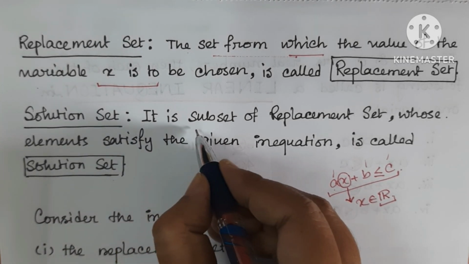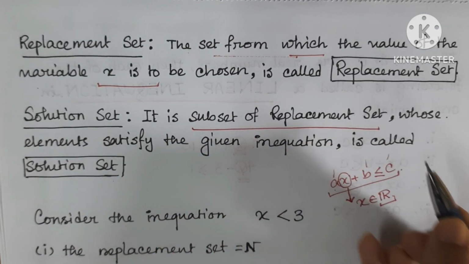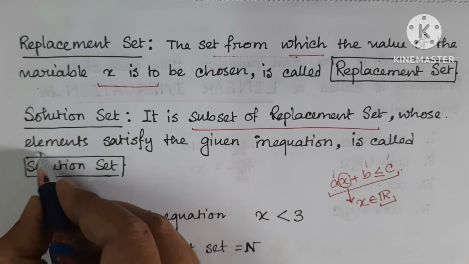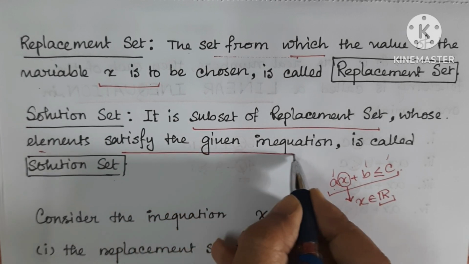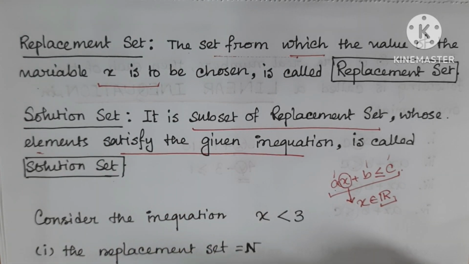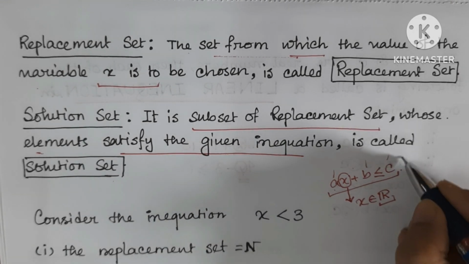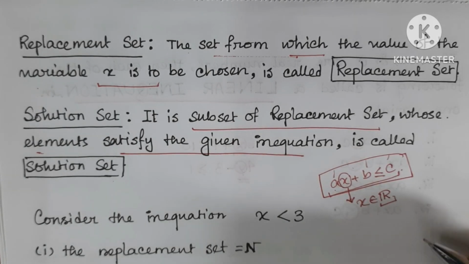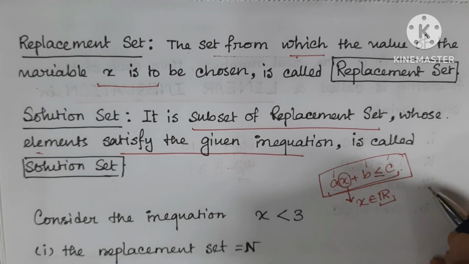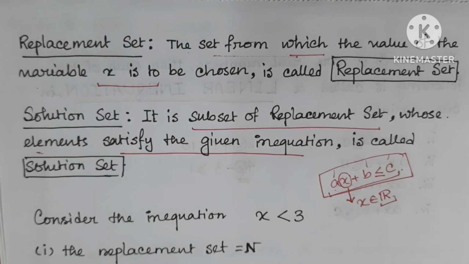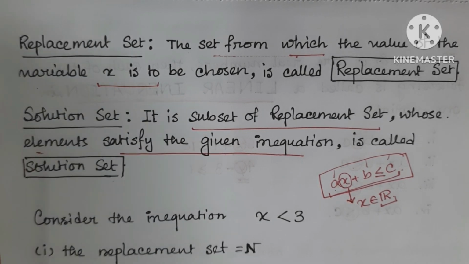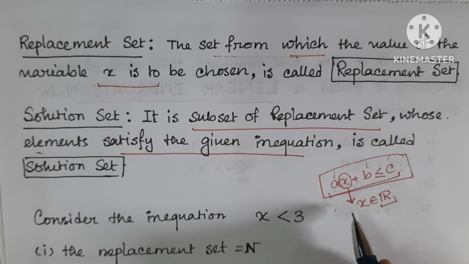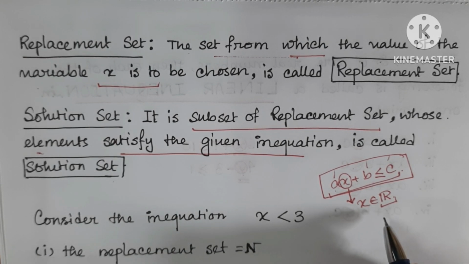Solution set is a subset of this replacement set whose elements satisfy the given inequation. So, if you solve this inequation, then you will get a range of x, and you can write it in a set form, and that will be a subset of this replacement set. Okay.